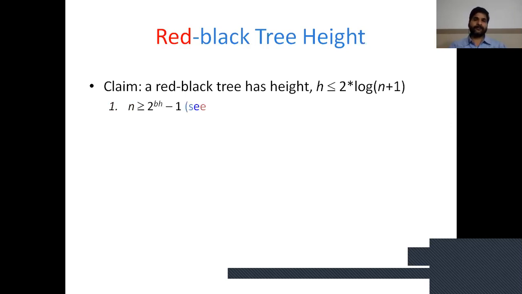Now the proof. Assume the total number of internal nodes is at least 2 to the power bh minus 1. This condition is satisfied if bh equals 0 for a single node, where the total number of internal nodes is also 0.